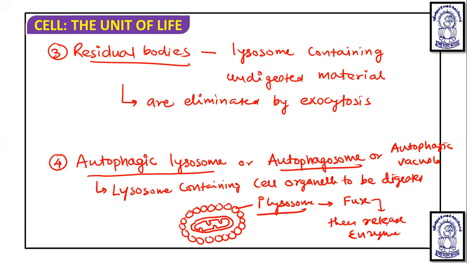So because of this, they are known as autophagic vacuole. Okay, so these are the different forms of the lysosome. So if lysosomes are present in different forms, we call it a polymorphic organelle.